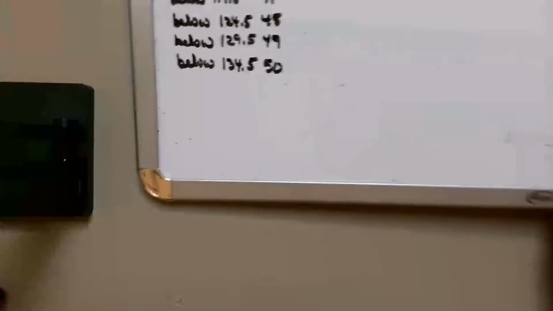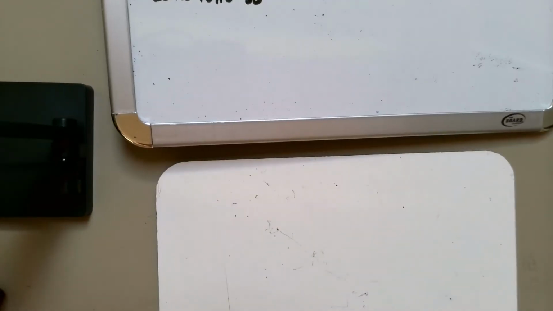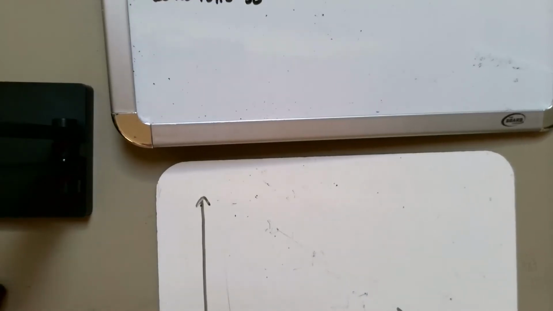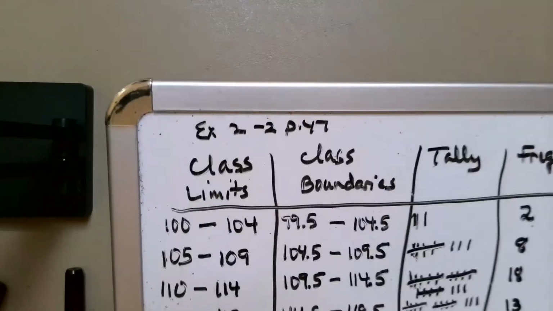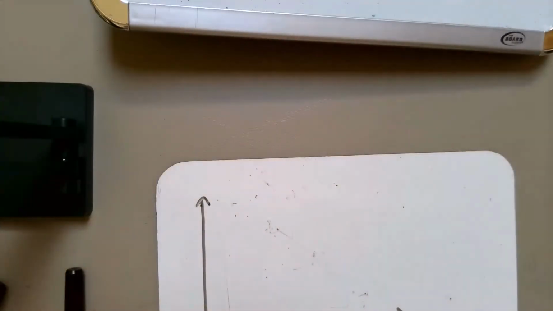So let me just move this up, and in order to draw our histogram here, we're going to have X and Y. X is here, Y is here, and along the X-axis we're going to put our class boundaries from this column here of class boundaries. So we're not starting at 0, so I'm going to make a break, and we're going to start with 99.5.